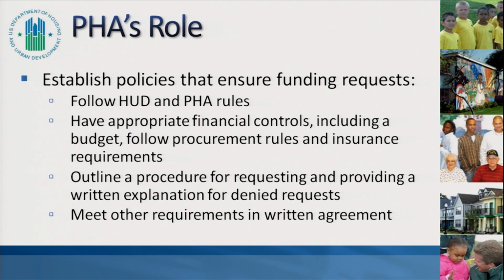This should be in the written agreement so that everyone is very clear what is allowable, what's not allowable, and the notion of providing explanations for denied requests is in that written agreement. And the Housing Authority also, of course, should meet the other requirements in that written agreement.